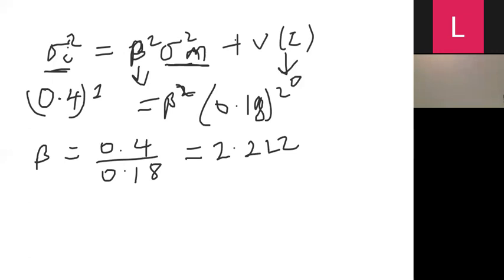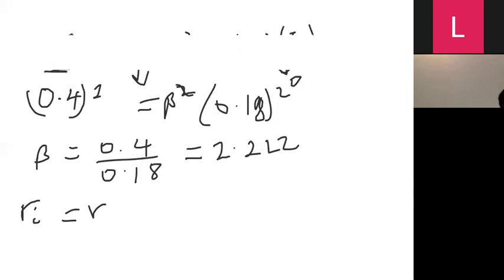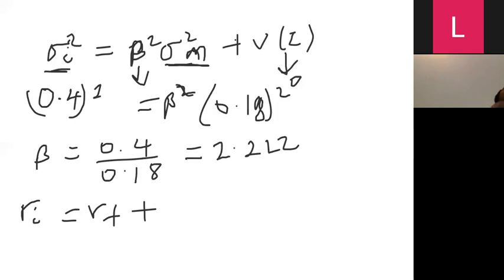Okay, so what is the expected rate of return of this investment? According to CAPM, R of this investment is equal to RF plus beta into brackets RM minus RF.